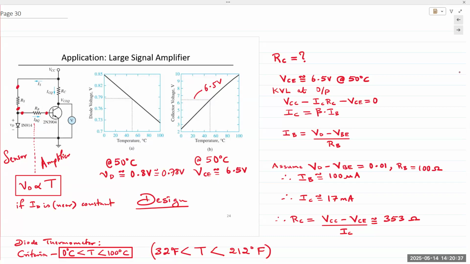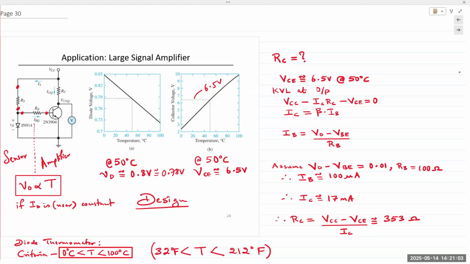Now, for all intents and purposes, VD and VBE would be very, very close, right? But we want to ensure that the current into the base flows into the base and not out of the base, right? We have resistor RB. We want to ensure that the base current is going in and not coming out.